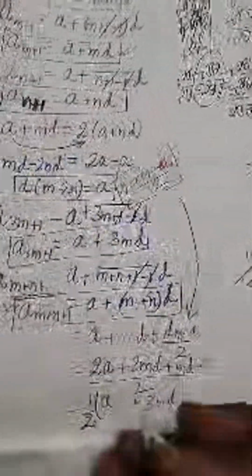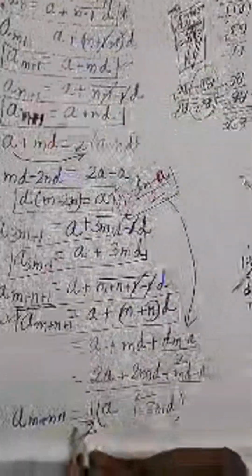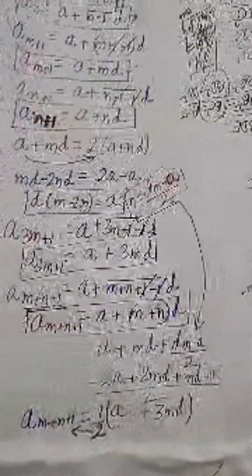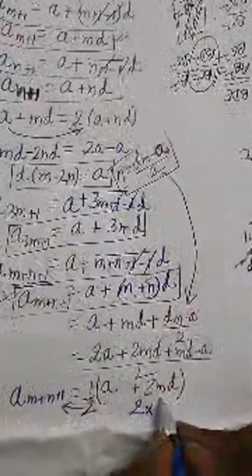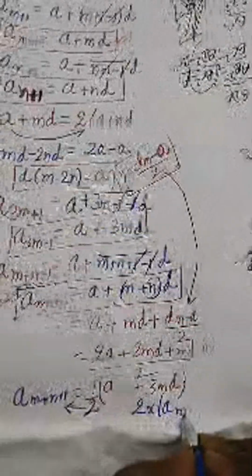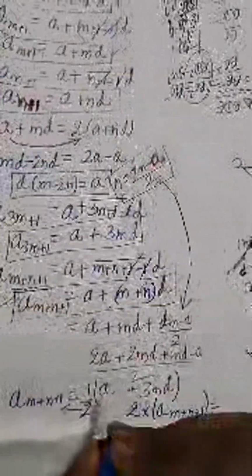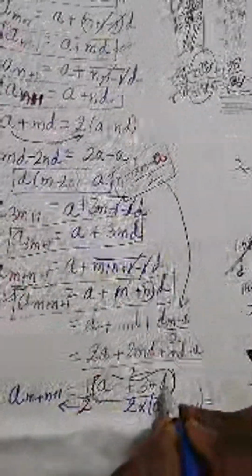So we can write it as a m plus n plus 1th term is equal to half of this. When 2 goes to the LHS, can't we write that 2 times a m plus n plus 1th term is equal to a plus 3md, and what is the value of a plus 3md?